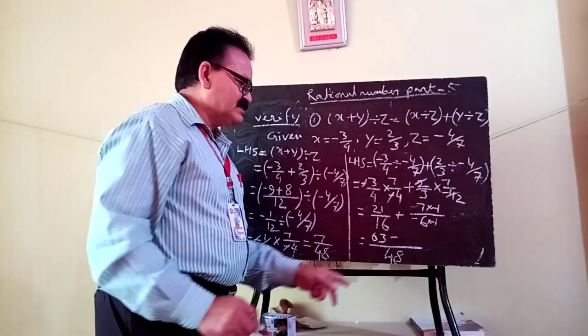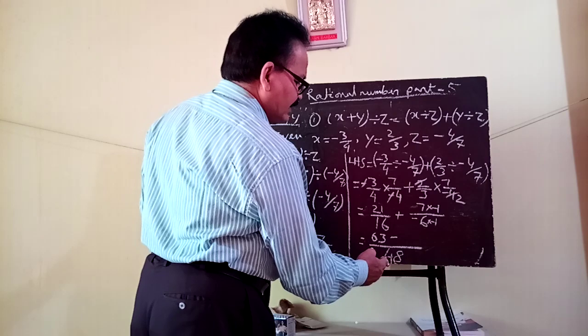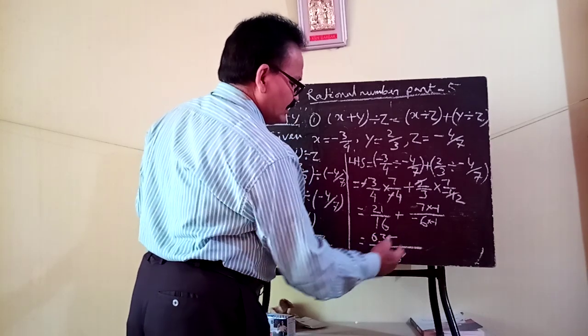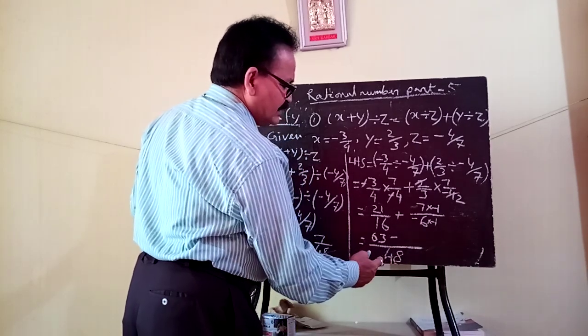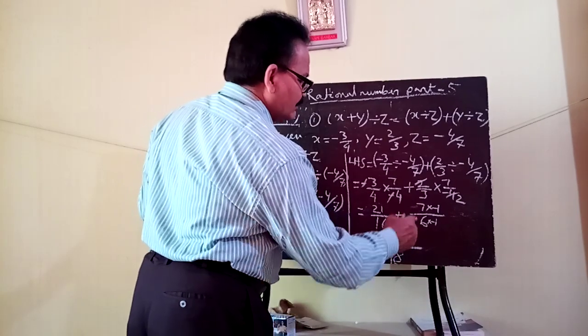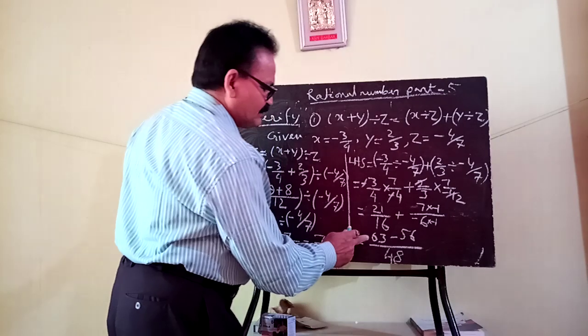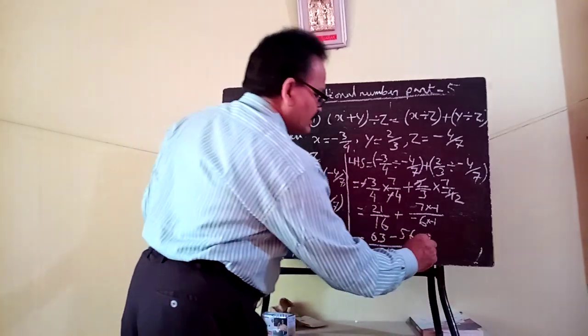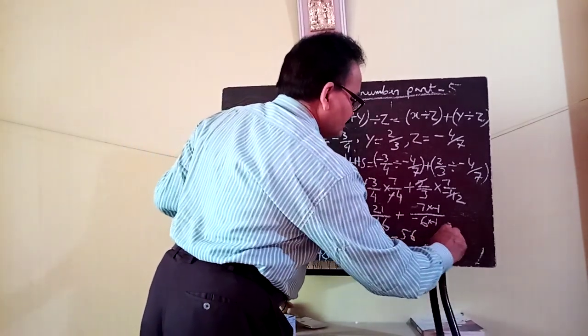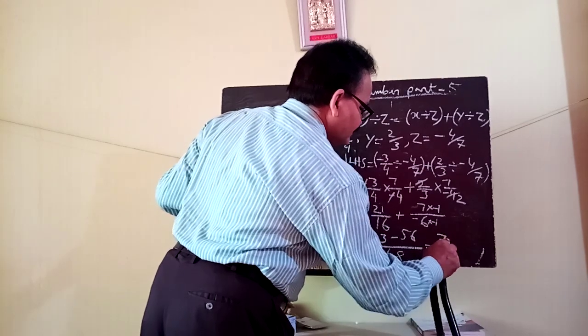So 8 into 7 is 56. Whenever you subtract 63 minus 56, it will become 7 by 48.